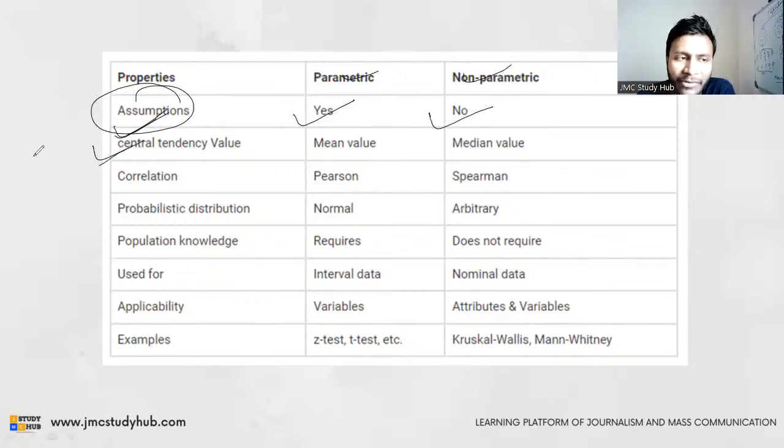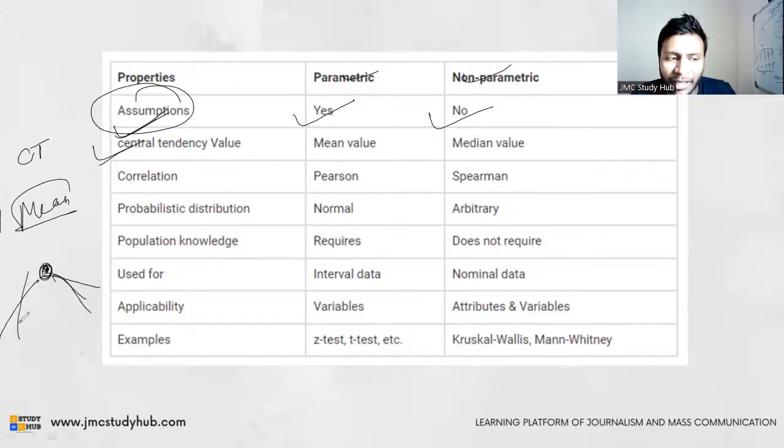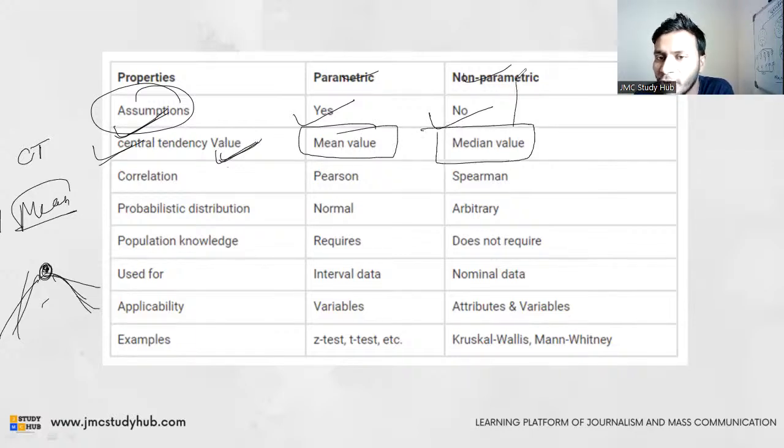When we talk about the central tendency value, it is that value you get from the mean. जब आपके पास mean हो और mean से आपका central tendency निकलता है, हर सैंपल साइज की एक central tendency value होगी. In terms of the central tendency value, we will see the mean value in the parametric, where we will see the median value in the non-parametric.